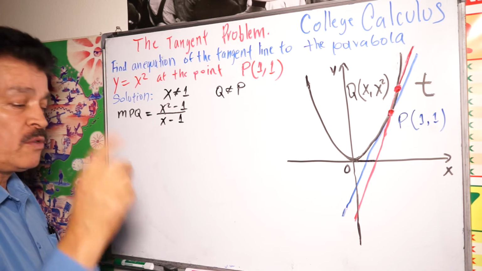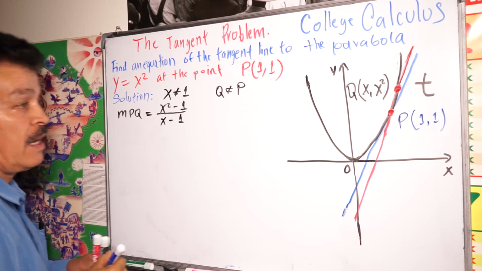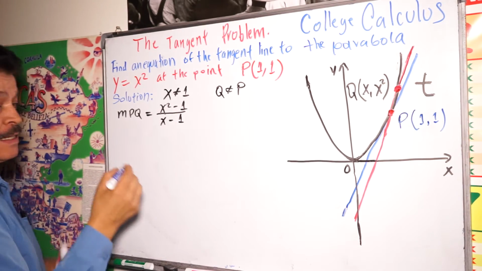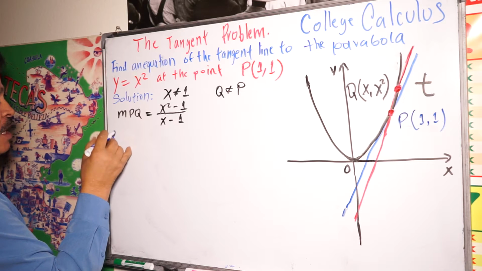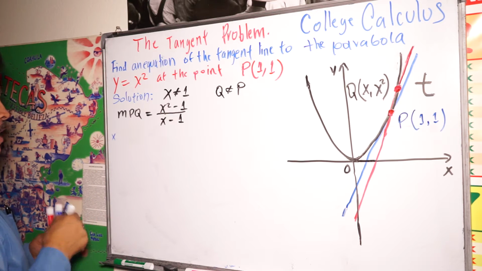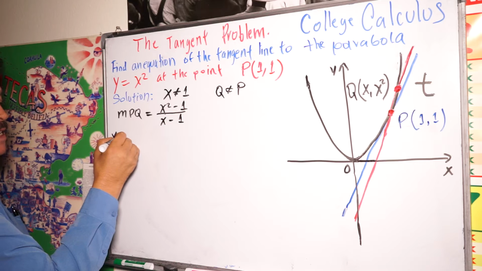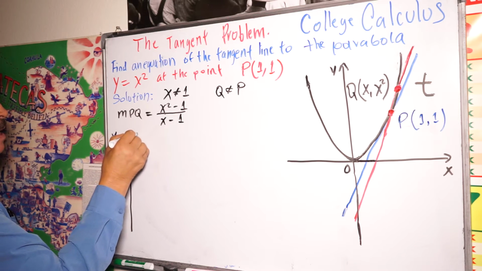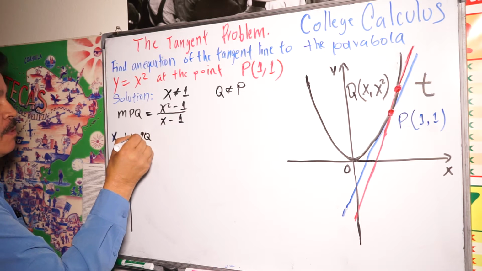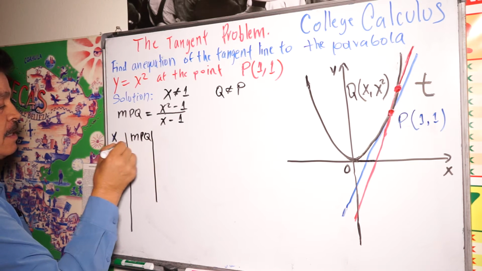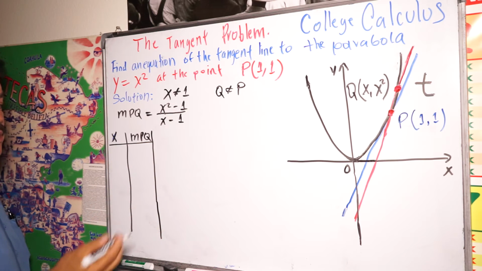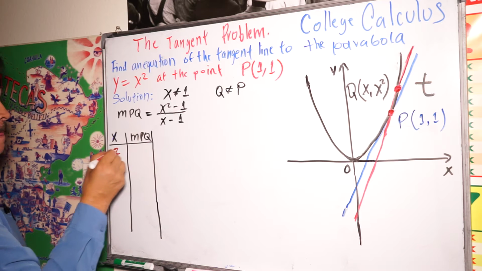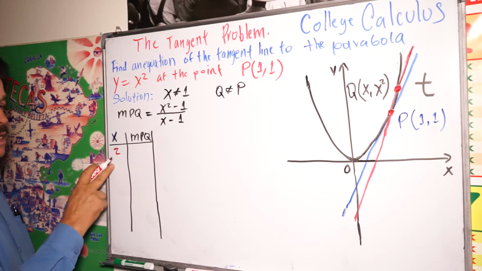Let's make a little table to help find the nearest point, the slope of the secants. We write x here and slope PQ here, using some points. For instance, 2 and 3.